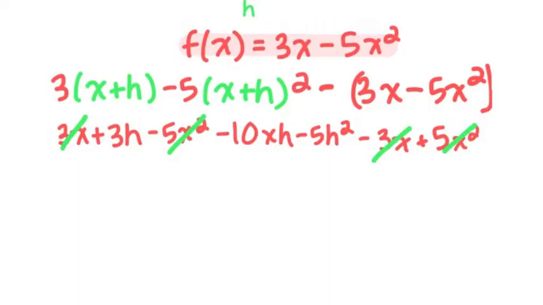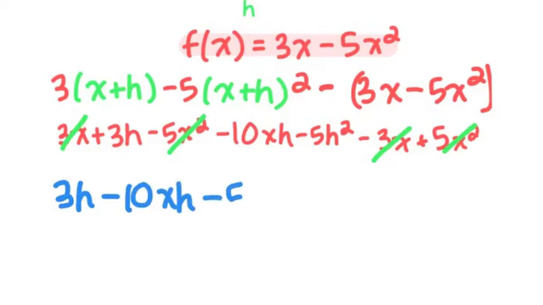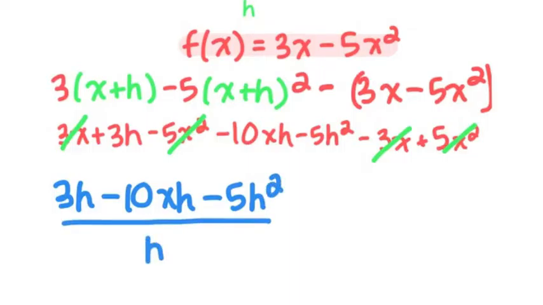And we can write again what we have left. 3h minus 10xh minus 5h to the second power over h, which is how we have it right here on the top of the formula.